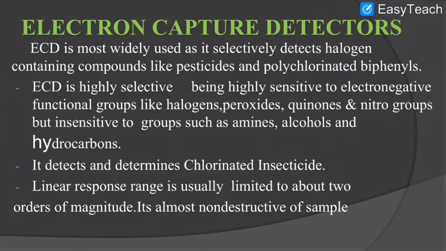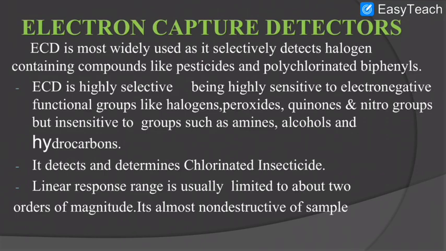It is highly selective because it is sensitive to electronegative functional groups like halogens, peroxides, quinones, and nitro groups, but it is insensitive to groups like amines, alcohols, and hydrocarbons. So basically, it's for chlorinated or halogenated compounds. It detects and determines chlorinated insecticides.